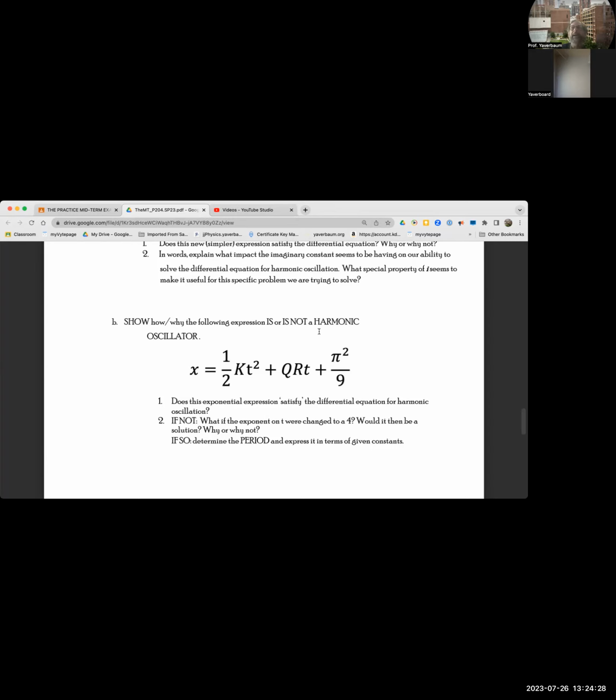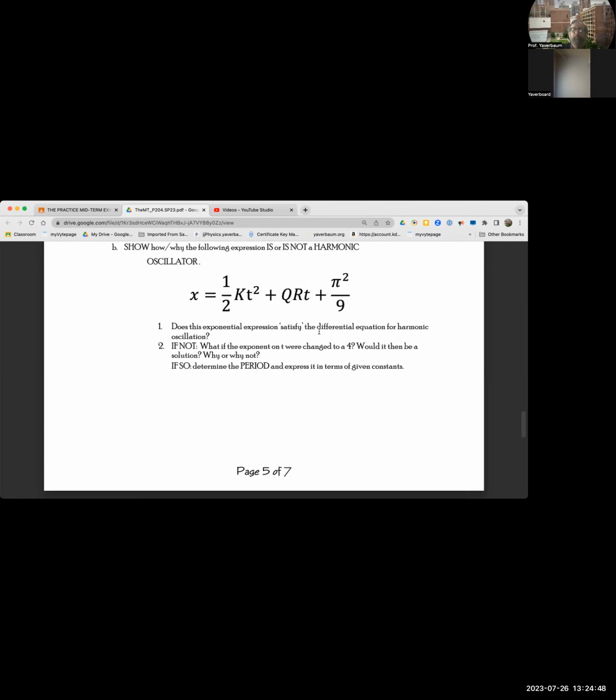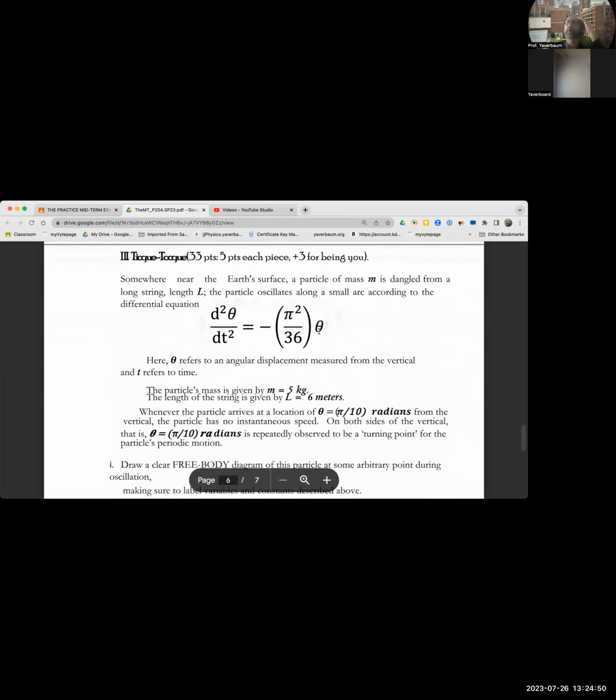The algebraic expressions do not solve differential equations. A simple harmonic oscillator cannot be described with a power expression like this. It can only be described by functions that are infinitely differentiable, like cosine, sine, e to the x, etc. Okay. Now, what I really need to do is get to question 4, but here's question 3.